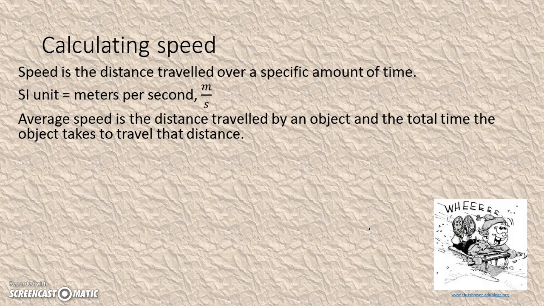So if you were to get on the interstate and drive to Atlanta, you cover so many miles, whatever the distance is between here and Atlanta, let's say 120 miles. You cover 120 miles in 2 hours. You could convert all that to meters per second, or you could do it in miles per hour as well.